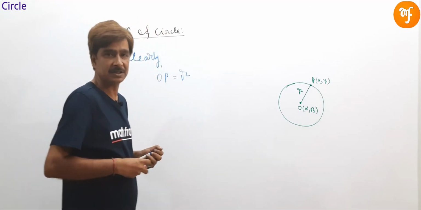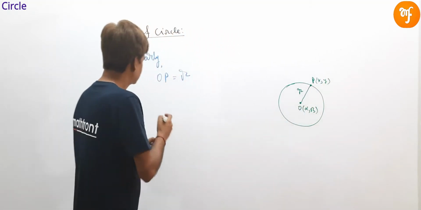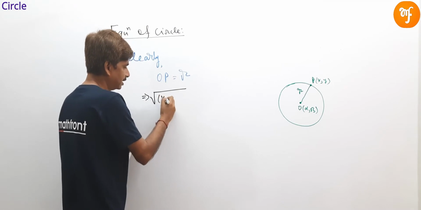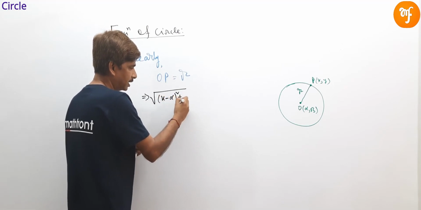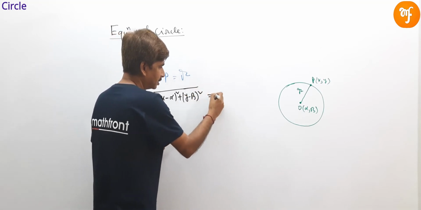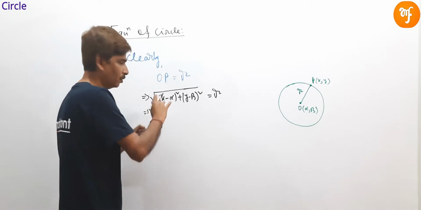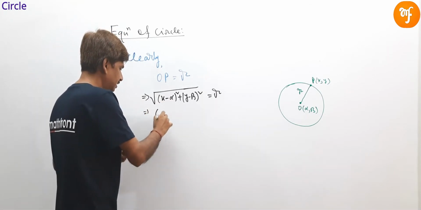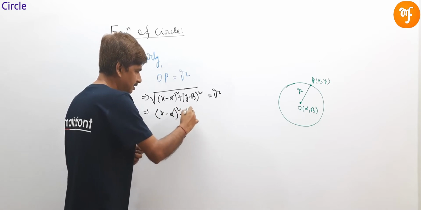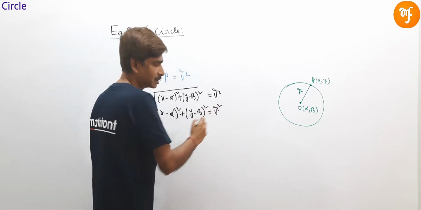Now applying the distance formula, OP means the distance between x, y and alpha, beta. So root over x minus alpha whole square plus y minus beta whole square is equal to r. If we square both sides, we get x minus alpha whole square plus y minus beta whole square is equal to r square.